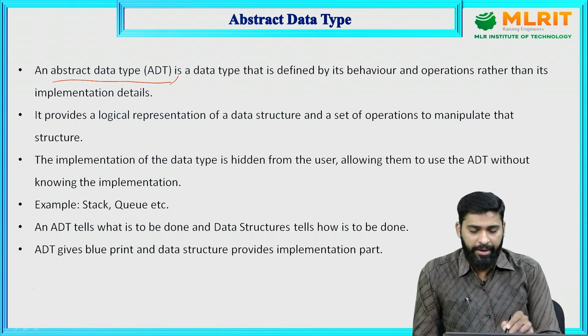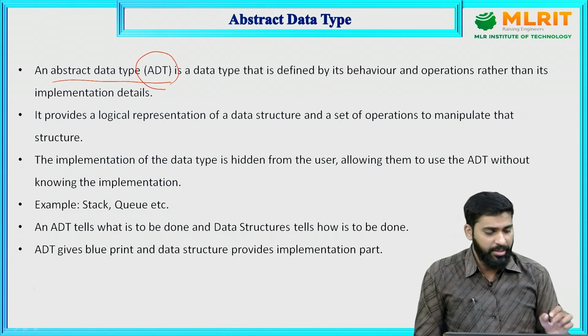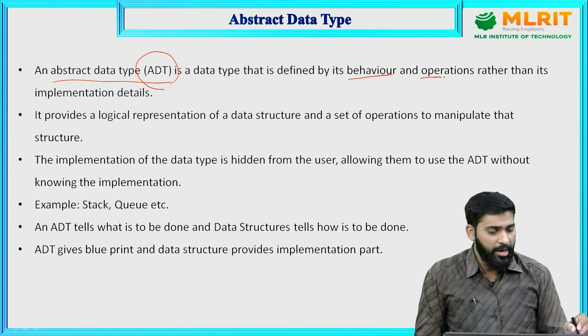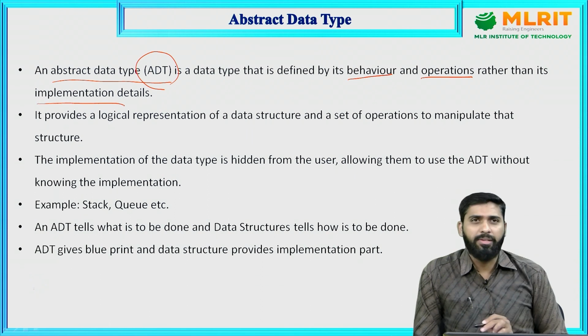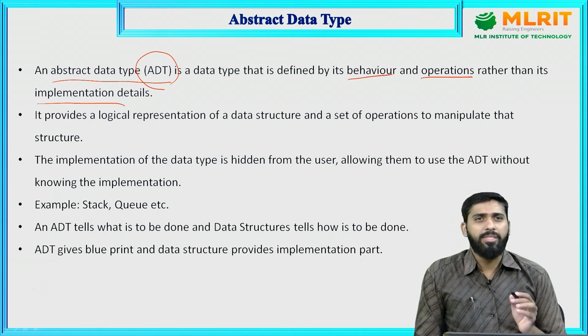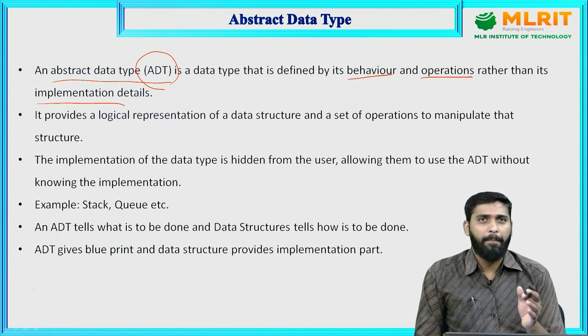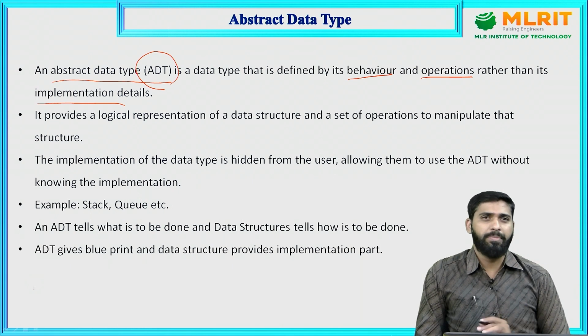This ADT defines the behavior and operations rather than its implementation. That means the user does not know the implementation of the data type, but they are going to use the data type. So that is an abstract data type.